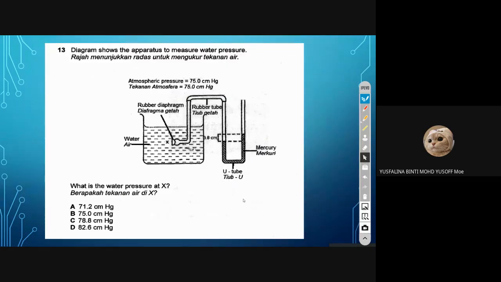For number 13, we use the manometer one that we did before this. What is the water pressure at X?